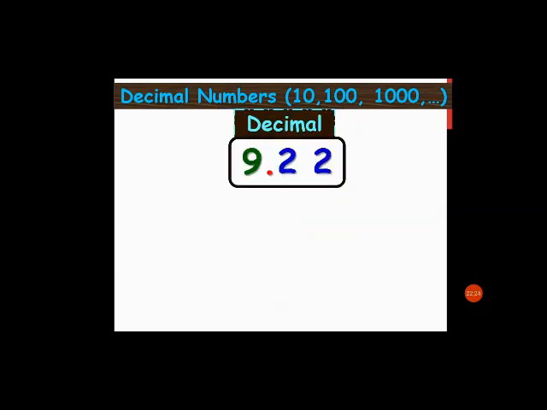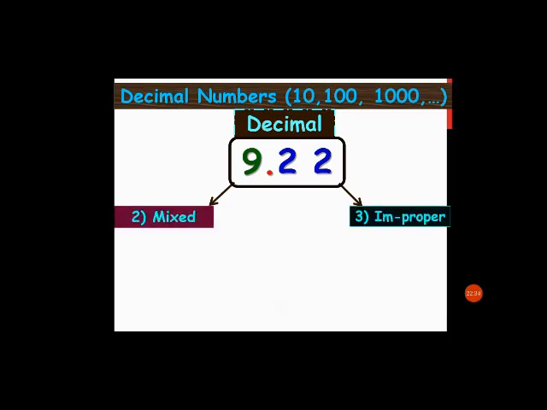The second case I want to explain is how to transform the decimal into the mixed number and improper fraction. So first, like I did with the proper fraction, I will imagine my goal is to reach the mixed form, whole number and proper fraction.